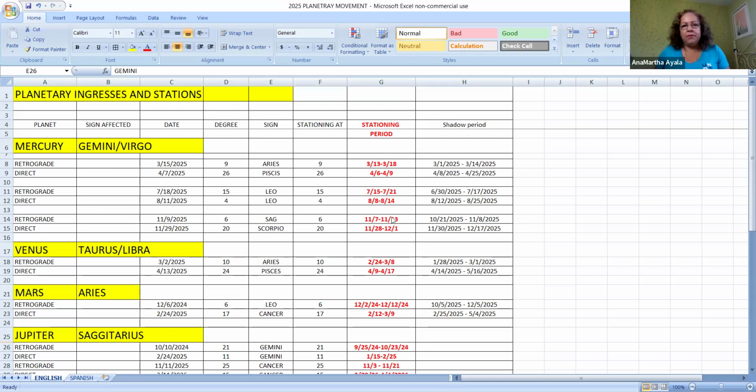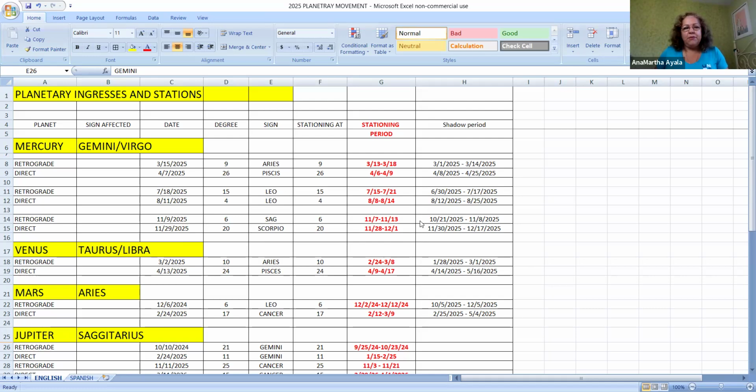So the stationing period is this, and the pre and post periods are that. Retrograde again November 9th and it goes direct on November 29th. It goes retrograde at 6 degrees of Sag, and then it goes direct at 20 degrees of Scorpio. And here is the stationing period.